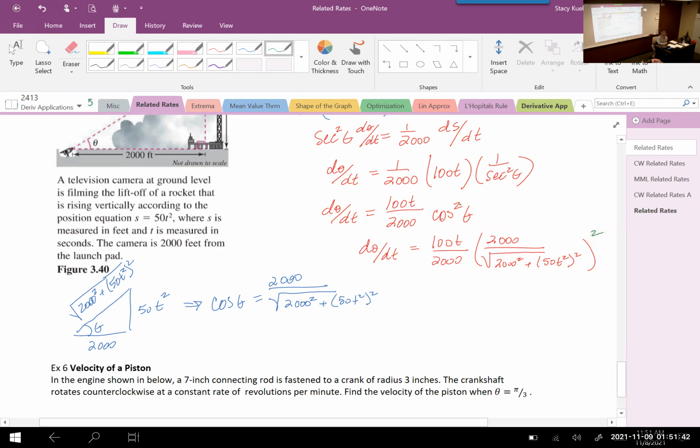Very good. So now we can just plug in our t. So plug in t and tell me what you get. T is 10 seconds.